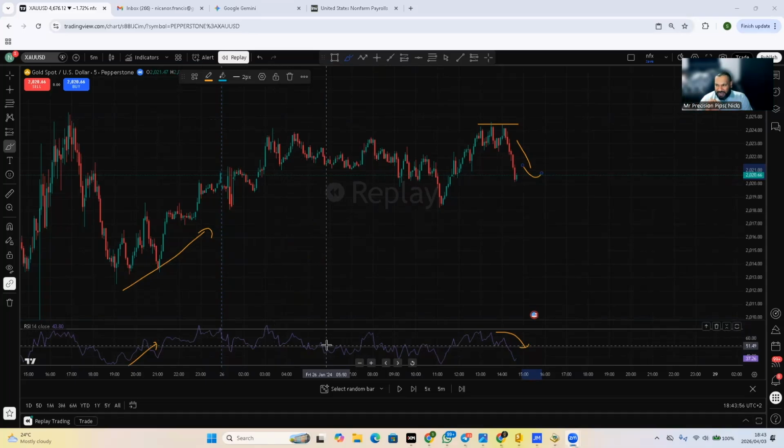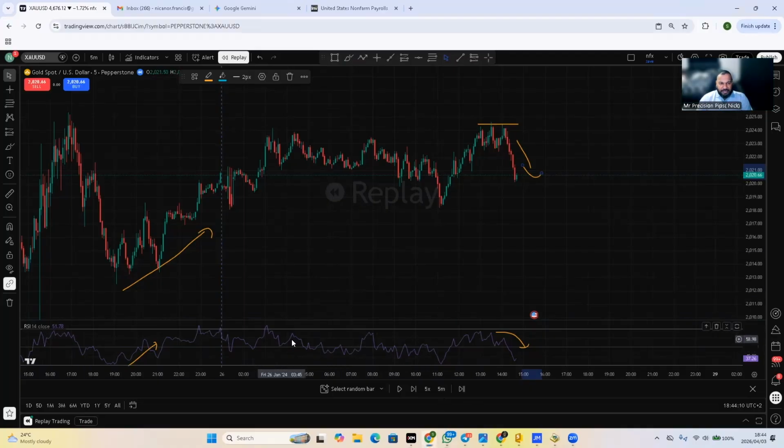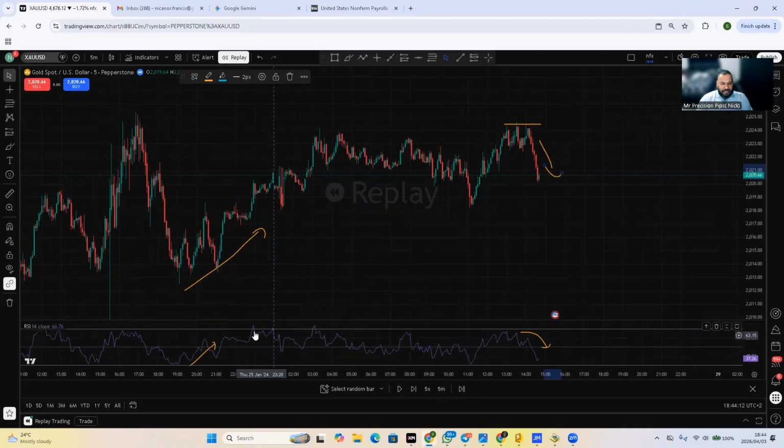So the 50 line for me represents liquidity. What do I mean by that? Very good question. When price is between the 70 and 50 and staying in there, I already know by looking at the RSI that we were in an uptrend.